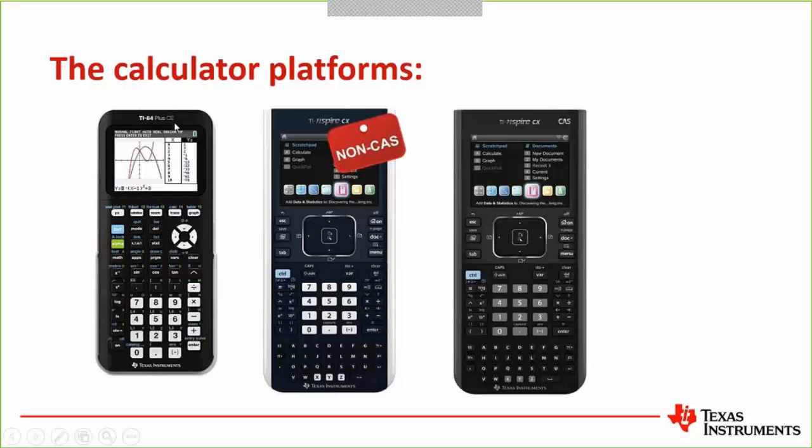You see the high-def colour screen, similar to what you may be familiar with if you're using TI-Nspire, CAS or non-CAS. The other two, side by side, look very similar. The easiest way to recognise the non-CAS platform is if the person who put it into a package put non-CAS on that package.